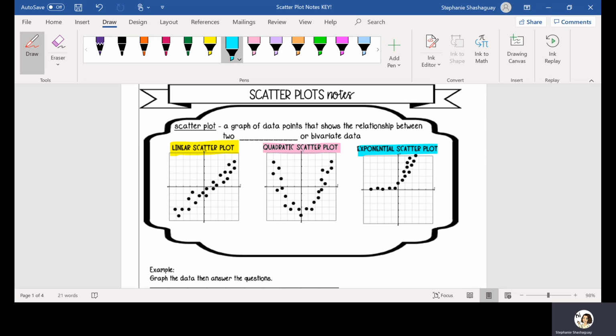exponential functions. So a scatter plot is a graph of data points that shows the relationship between two variables, or bivariate data. Two variables, bivariate data, they mean the same thing. So here on this linear scatter plot, you can see that we have a positive linear relationship.